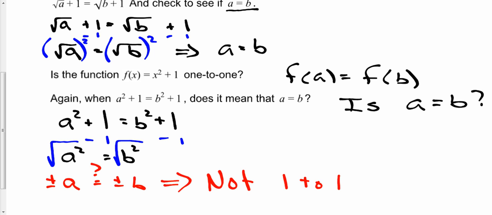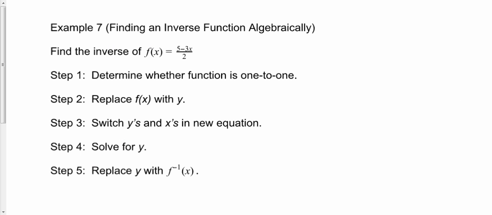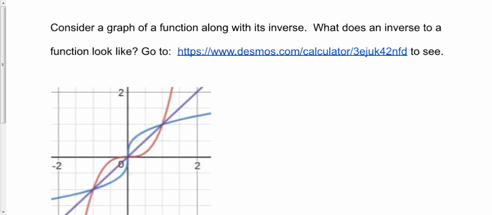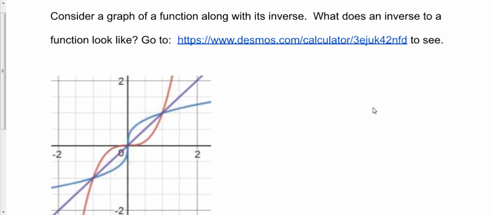Not one-to-one. And if I look at, I'm going to go to a graph. Now, I got this on Desmos. And I want to show you on Desmos what this function is. Okay? Check this out. These two things are inverses.